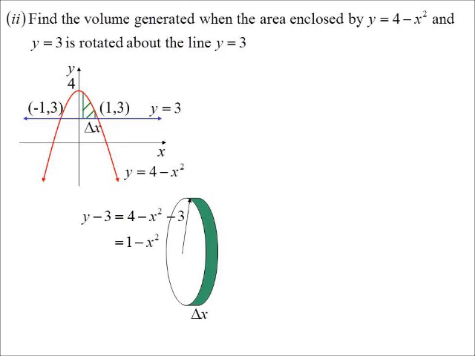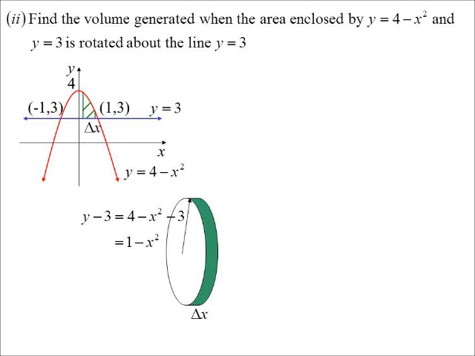The y value of the red curve minus the y value of the blue curve. Well, the blue curve in this case is a constant 3. So it's y minus 3. So top curve minus bottom curve, whatever the slice is going between. And then I can tidy that up. So it's just 1 minus x squared is what I'm going to use for a radius here.